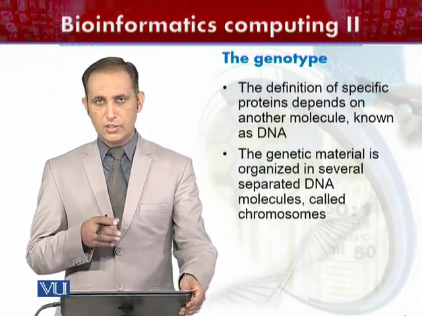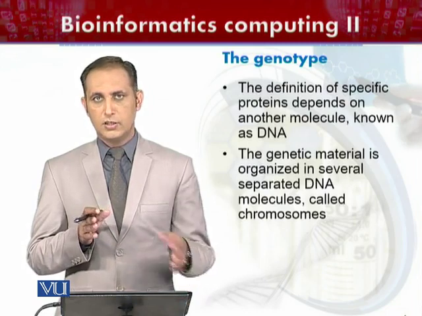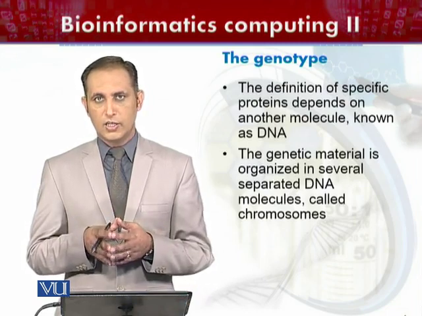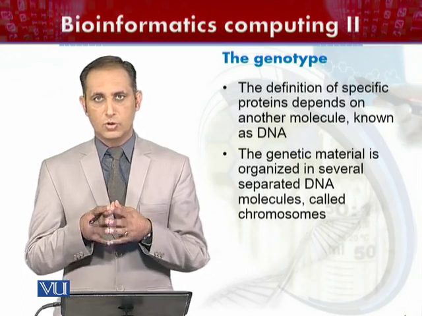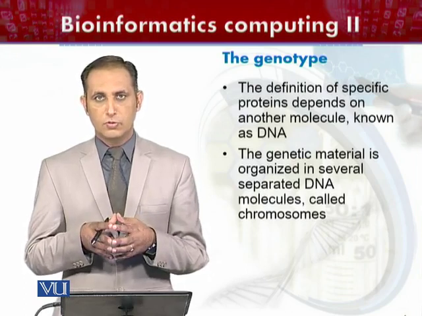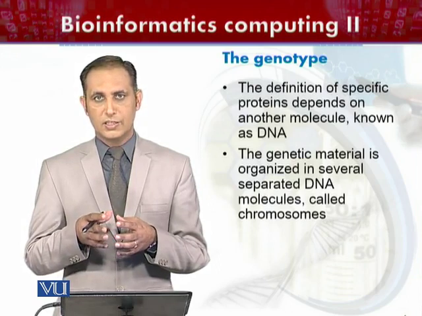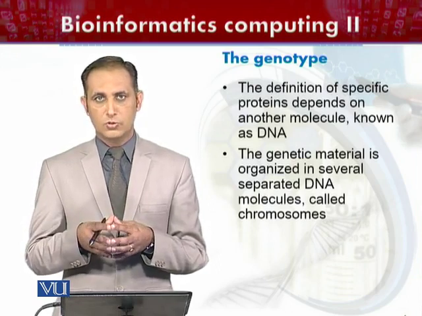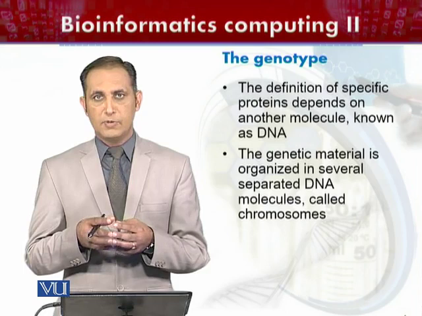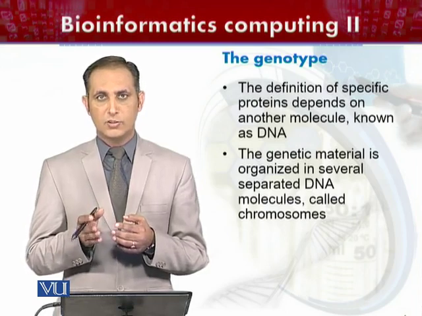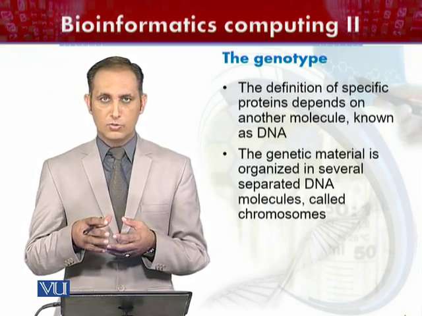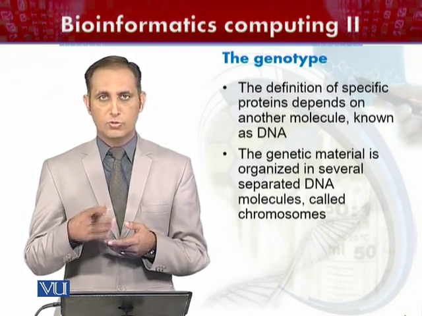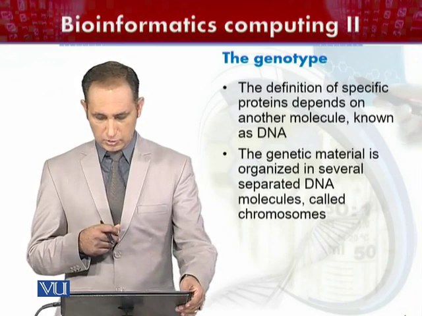So the genetic material in the cell is organized into systematic, compact structures known as chromosomes, and the number of chromosomes and the quantity of DNA in these chromosomes vary among different species. Every species has its own density of DNA in its chromosomes, and a specific number of chromosomes.